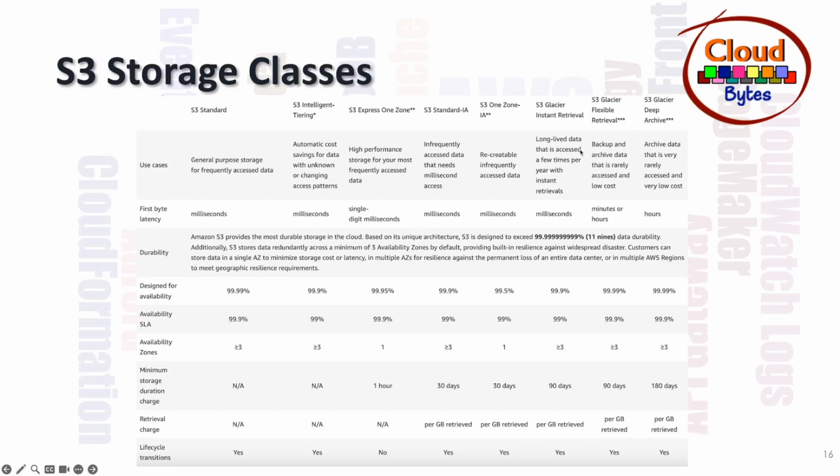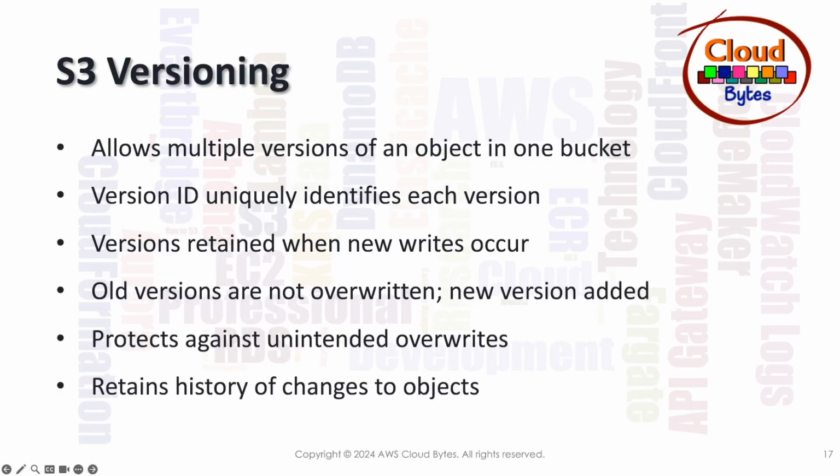You have Glacier Flexible Retrieval, which takes minutes or hours, and then there is Deep Archive which takes hours. So depending upon which one you choose, you have different availability, different SLAs, and different zones and storage costs, etc. Like some of them will charge you for 90 days, 30 days, 1 hour, and for Standard it is not applicable.